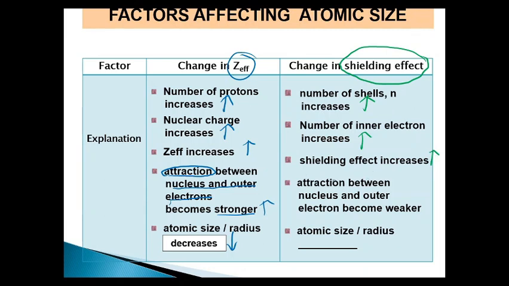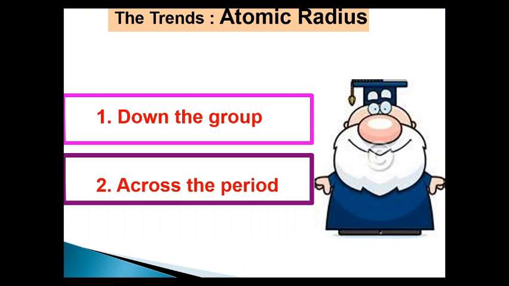When this happens, the attraction between nucleus and outer electron will become weaker. Hence, the atomic size or radius will increase. So there are two trends for atomic radius in the periodic table, which is going down the group or moving across the period from left to right.